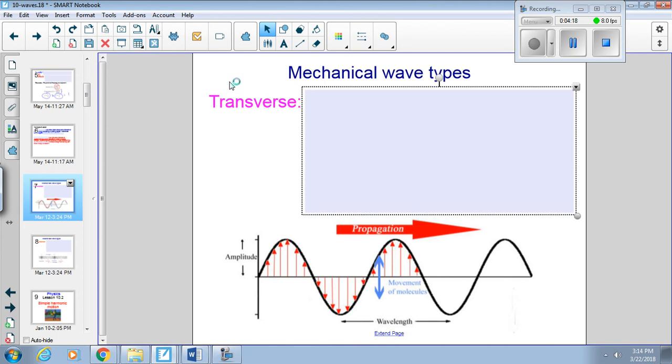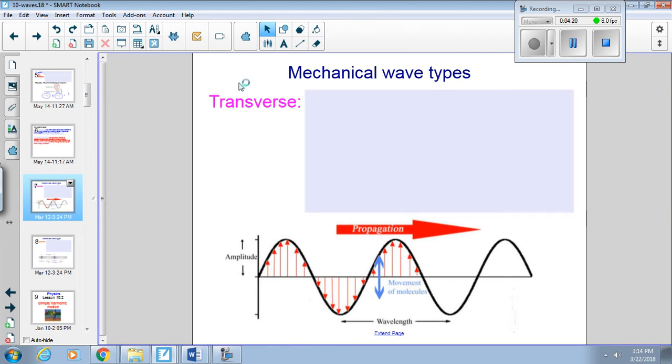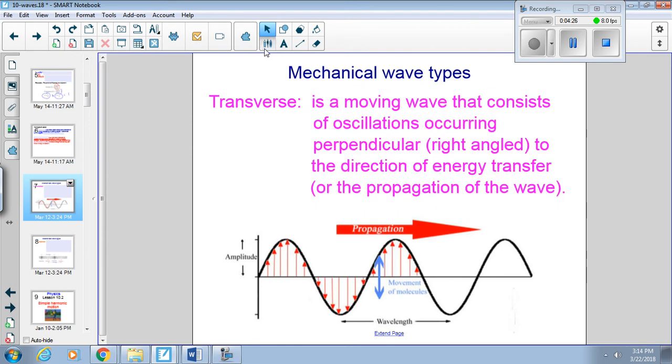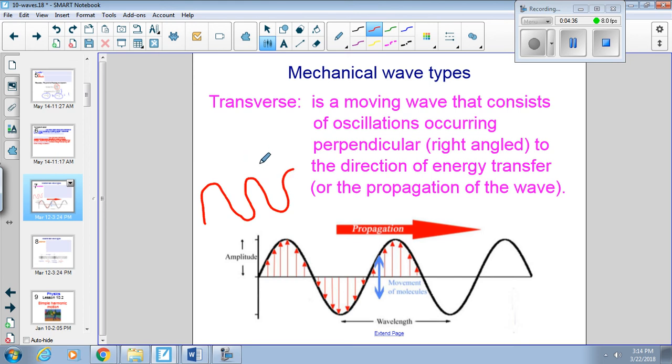All right, of the mechanical waves, there are two types that we're going to talk about here. The first is called a transverse wave. This one propagates. In other words, you have a wave that is generated. It goes up and down and then up and down, or it can go left to right.